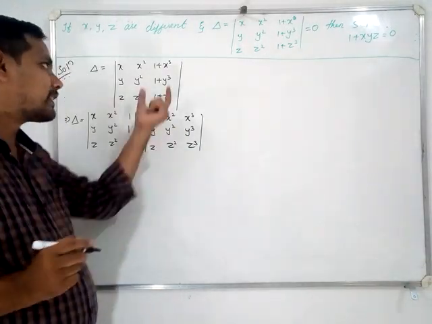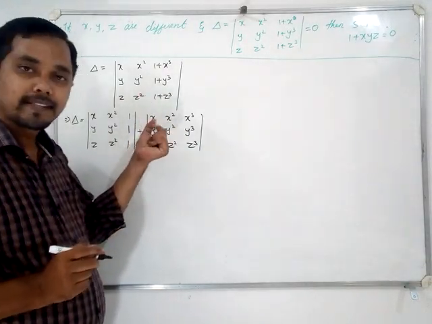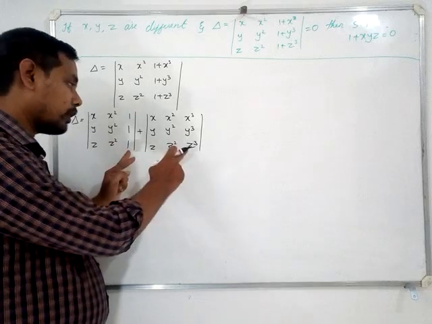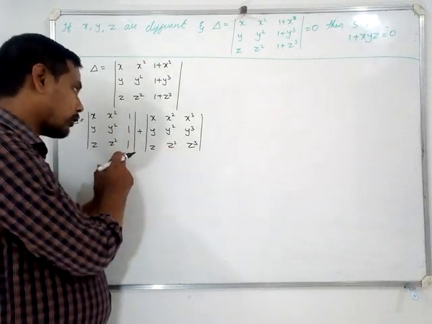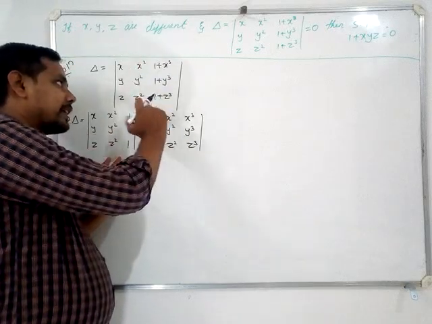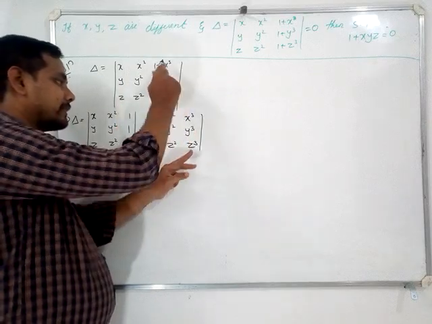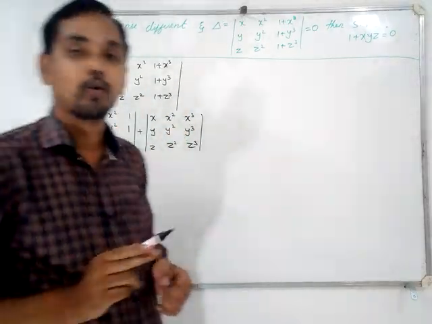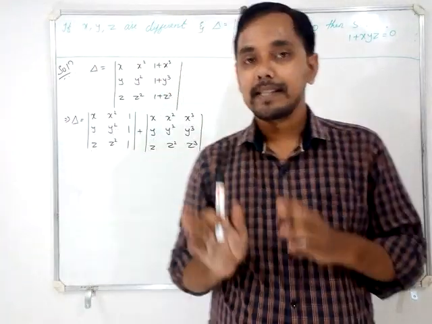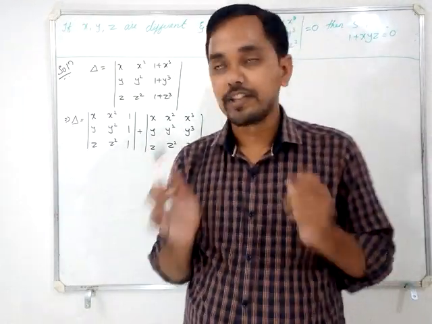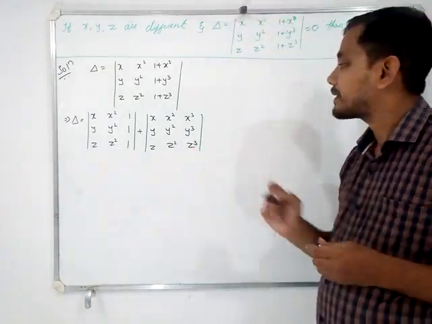So the third column becomes 1, 1, 1 in the first, and x cube, y cube and z cube in the second. The remaining columns remain the same. They are not going to change. Okay, so this is there.